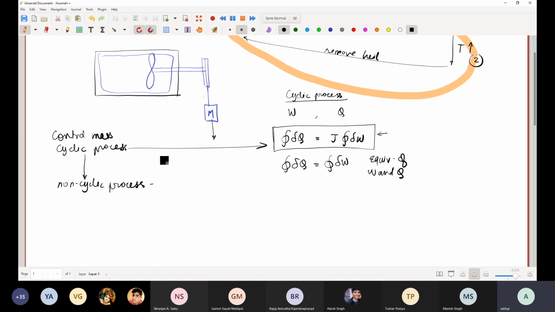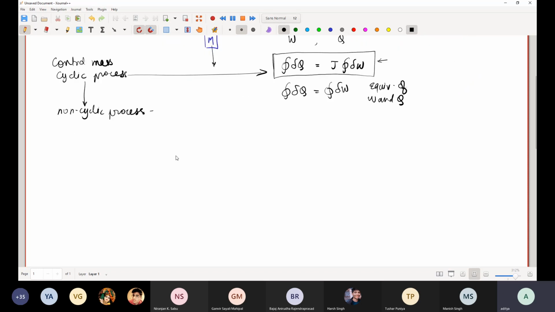All right, so let me do the following construction where we have state 1, state 2, and PV doesn't matter. So we can have one cycle which looks something like this.